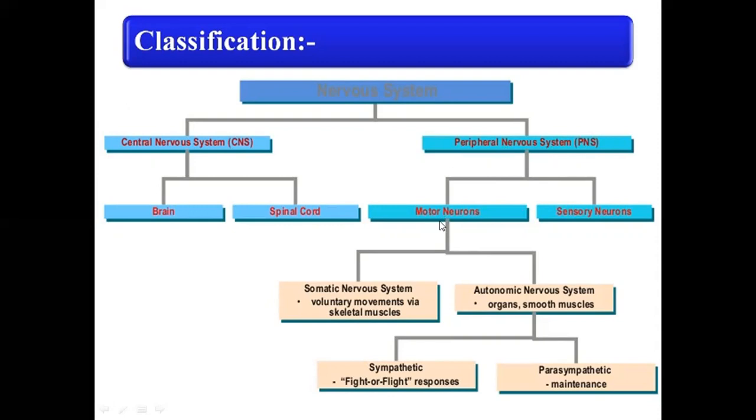Motor neuron is divided into two parts: somatic nervous system and autonomic nervous system. Autonomic nervous system is again subdivided into sympathetic and parasympathetic. Okay, now one by one we will see.